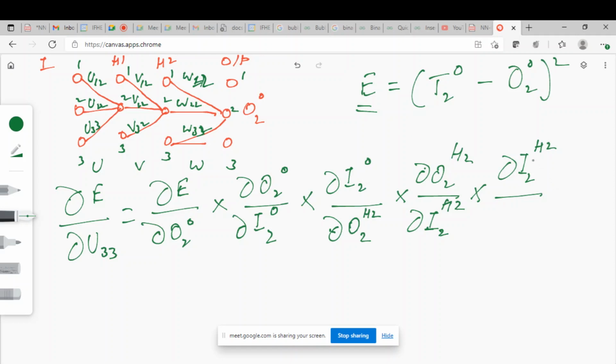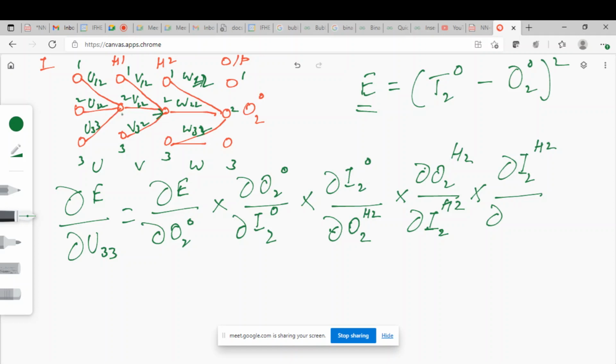So this is input or output? So it should depend on what? This is I2H2. We are here right now. Okay, this input depends on which output?